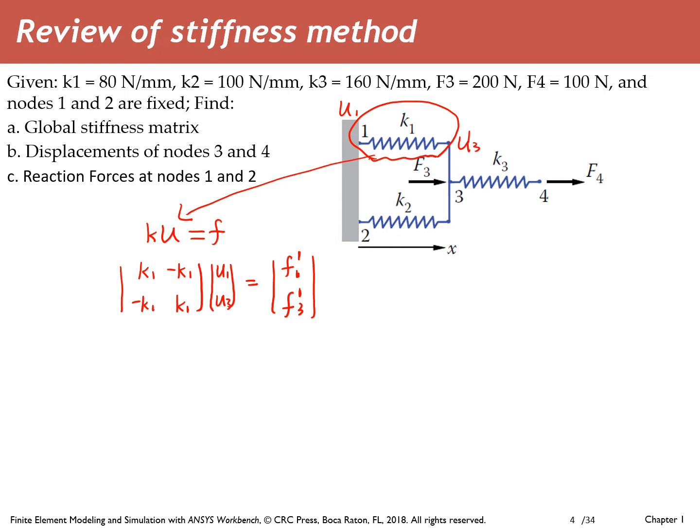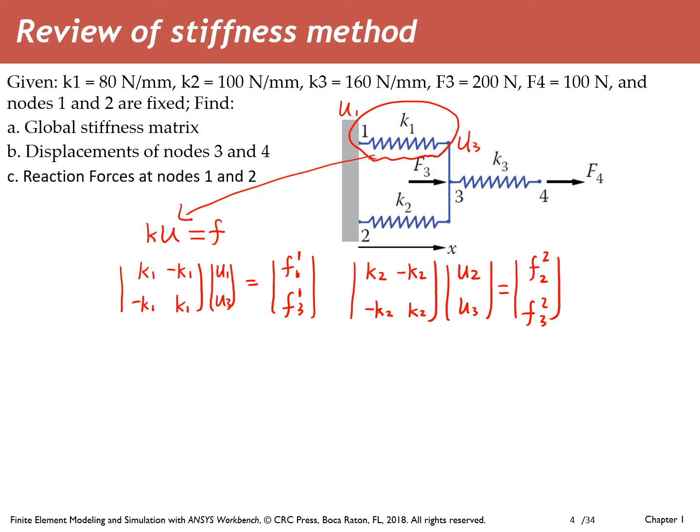Similarly, we can set up the local equation for the second spring, with nodes 2 and 3: U2, U3, equals the force from the second spring on node 2 and on node 3.